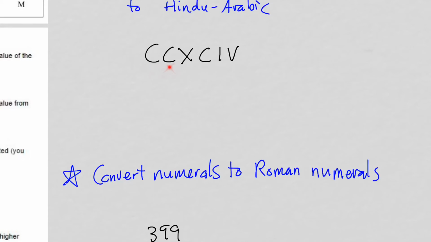C and C are the same, so that's a repetition, and we're going to put those together. We know that C is 100, so we're just going to call this 200. Then we notice that there's another C here, but there's a number smaller in front. So we're going to subtract this 10 from this 100.